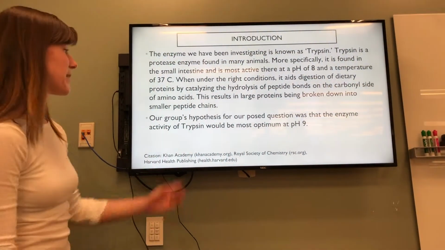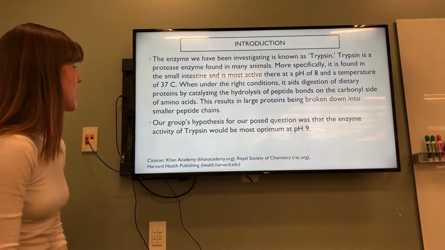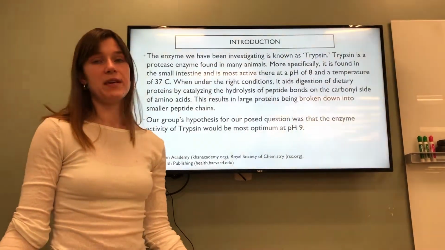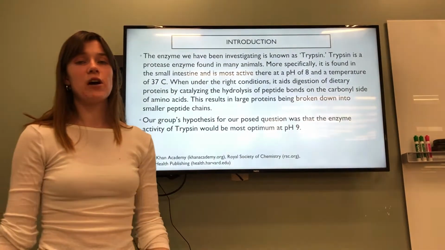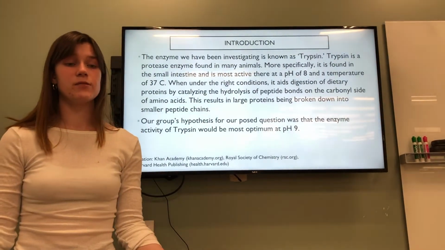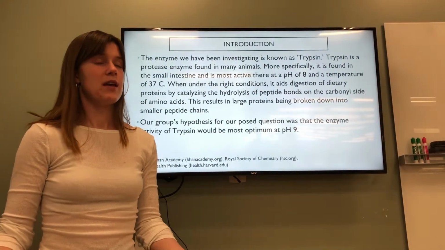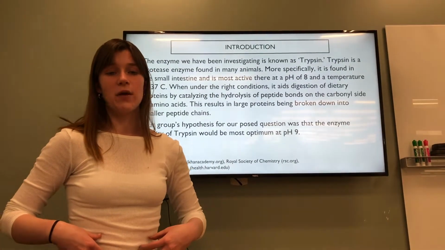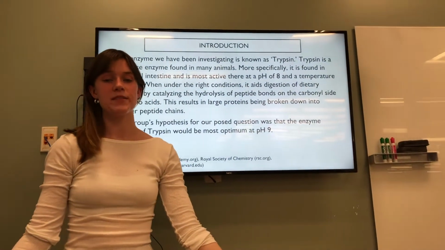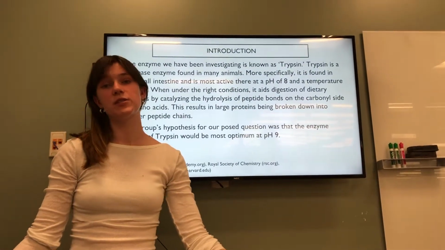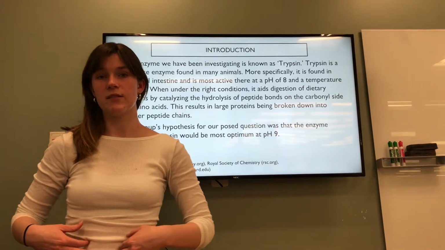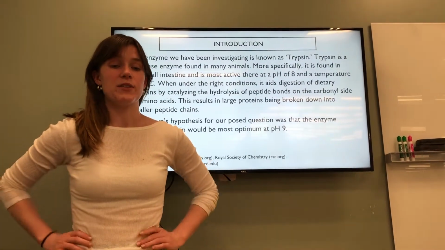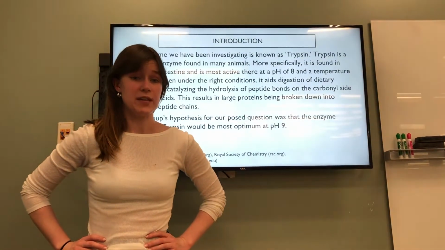The rationale for our group's hypothesis was that in a real life situation in the small intestine of a human or animal, the enzyme activity occurs at a pH of 8.